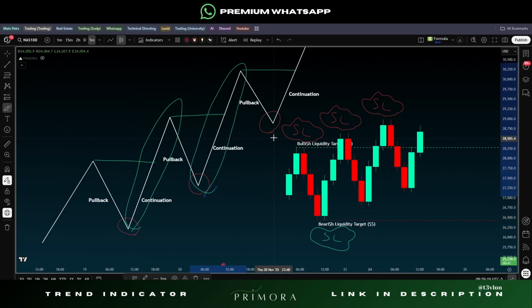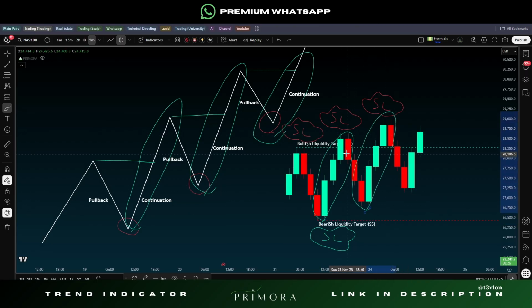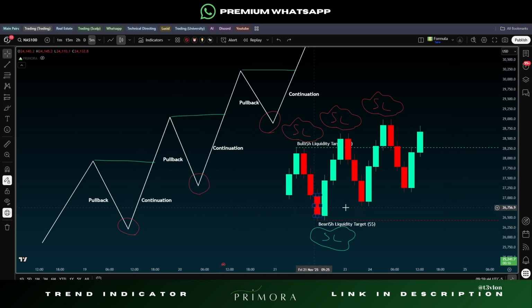What does that look like over here? Continuation, going to break the highs, pull back, continuation, going to break the highs in a bullish market, pull back, doesn't break the lows, continuation is what you're anticipating. That's what we're doing here, over and over on repeat.